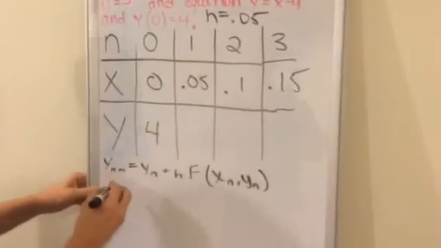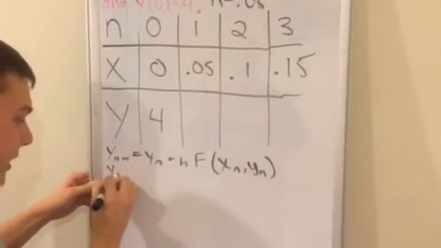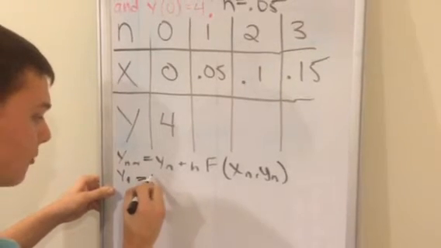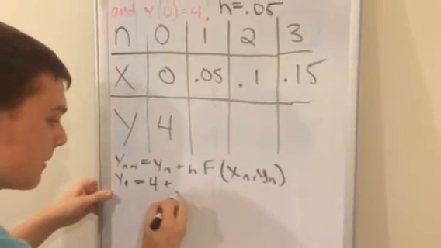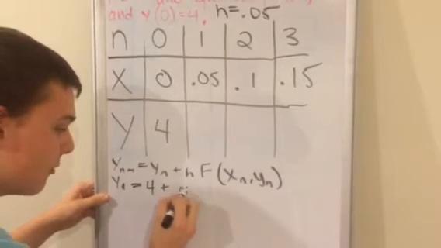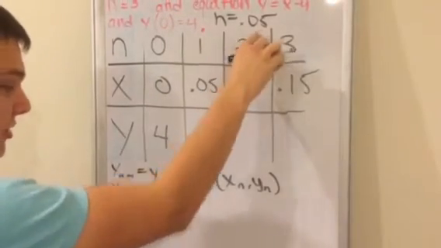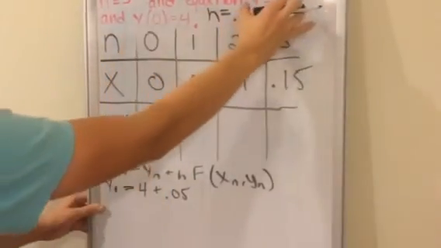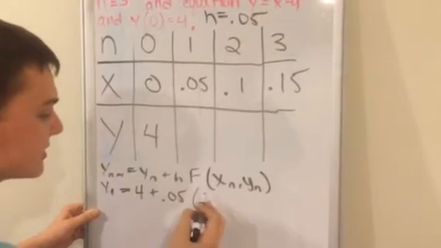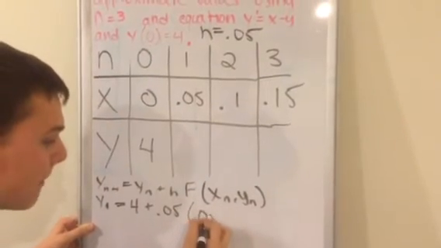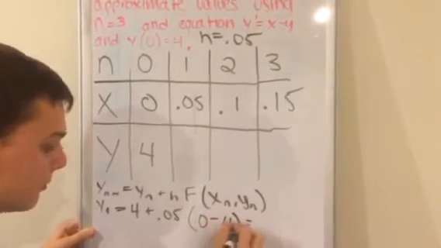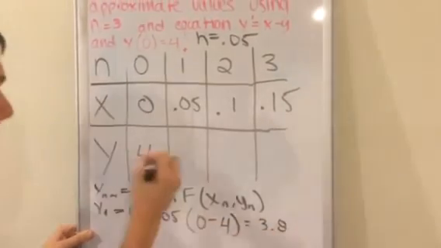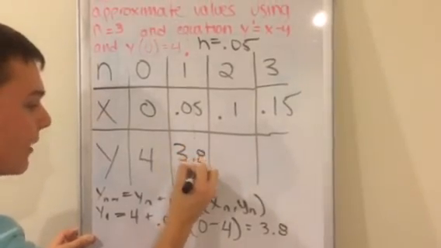So in this case, for when n equals 1, we have our prior value, which is 4, plus 0.05, because that's our change in x, times the slope at that point. So in this case, it will be 0 minus 4, which equals 3.8. So we put that there.